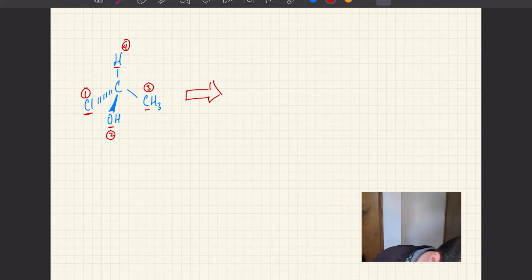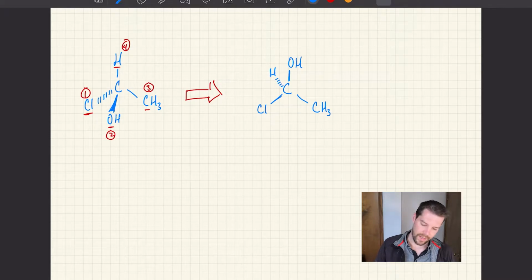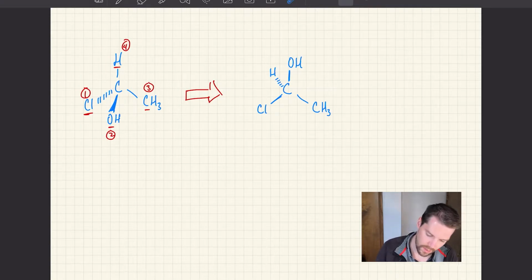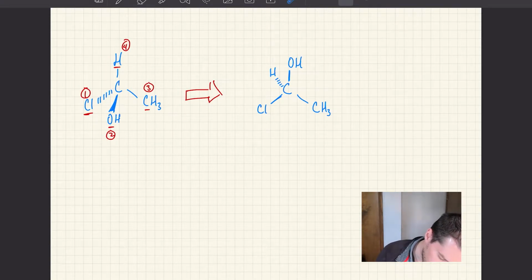So give me a second. Okay, so what I have on the screen here is exactly equivalent to this. All I did was tilt it up like that. So the H now is in the back.